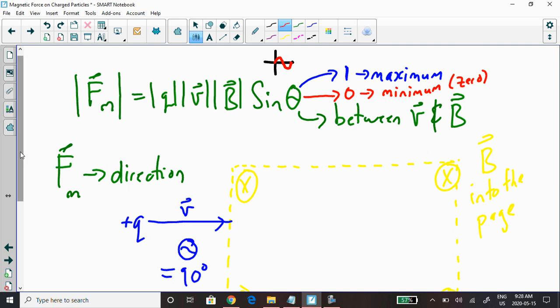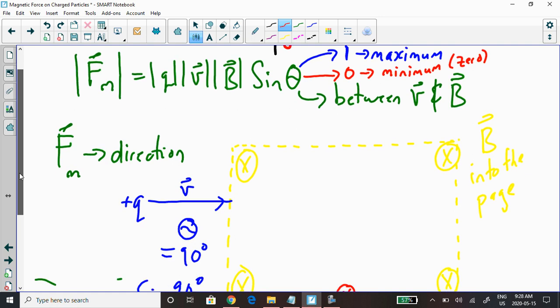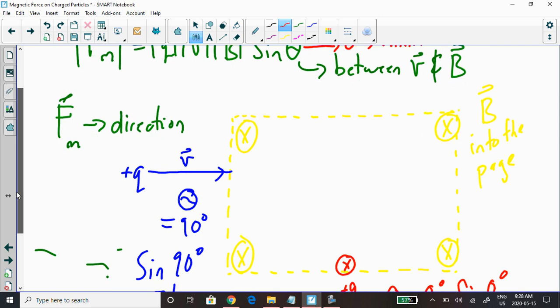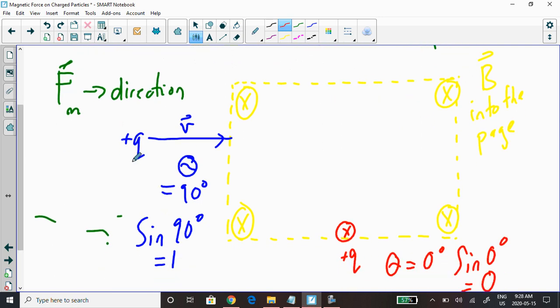So, how do we get the direction of a magnetic field? That's what we're going to look at next. So we're going to learn this by an example. Let's say you've got this charged particle, Q, here it is, and it's out here where there's no magnetic field. And then it's shot with a certain velocity, v, into an area where there is a magnetic field.